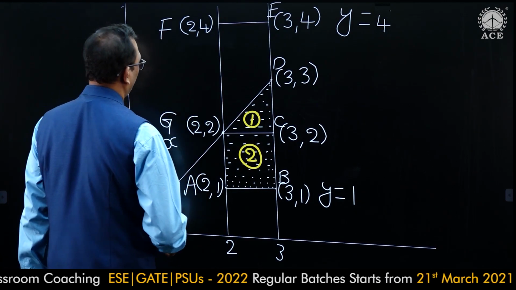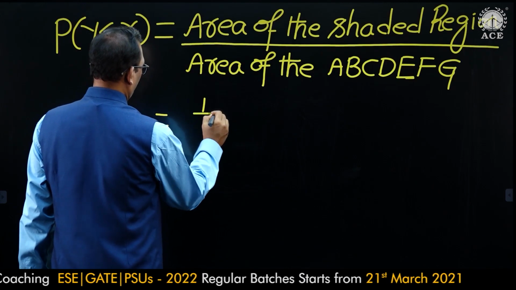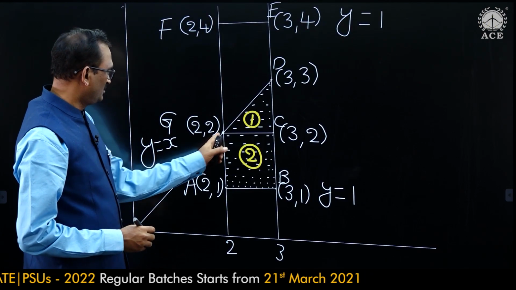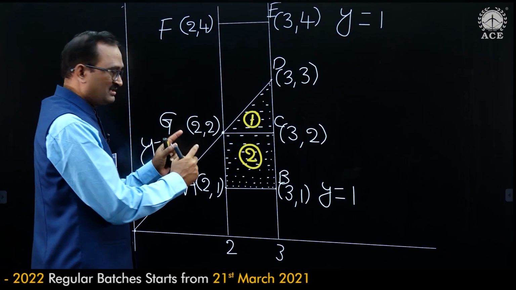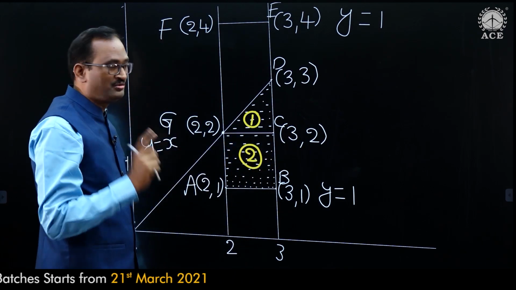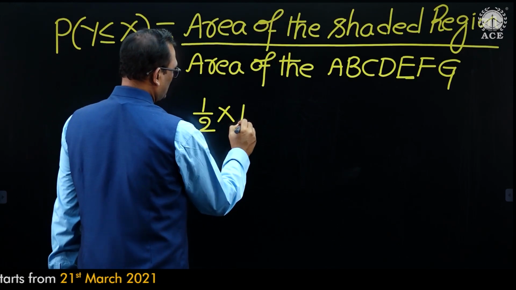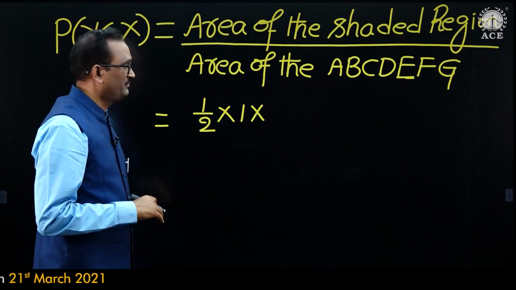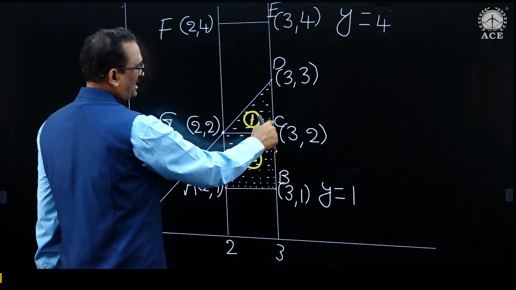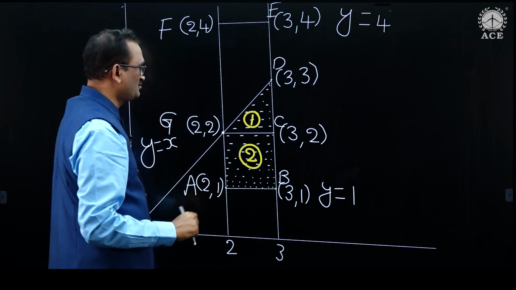The base is the distance from 2, 2 to 3, 2, that is 1 unit only. The height is the distance from 3, 2 to 3, 3. That is 1 unit.